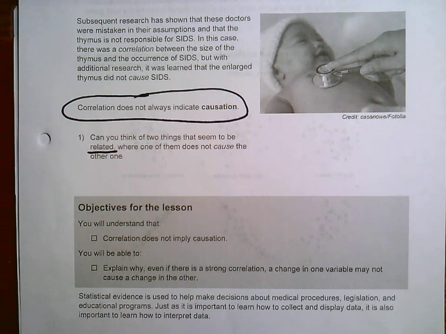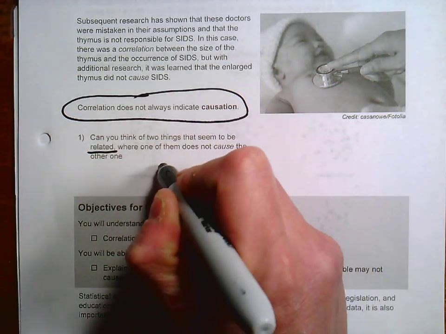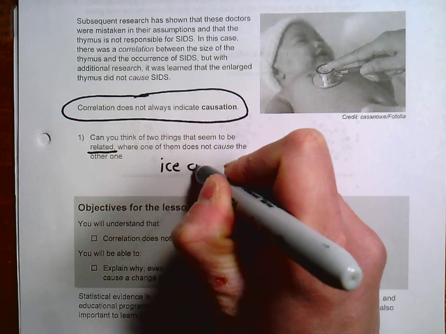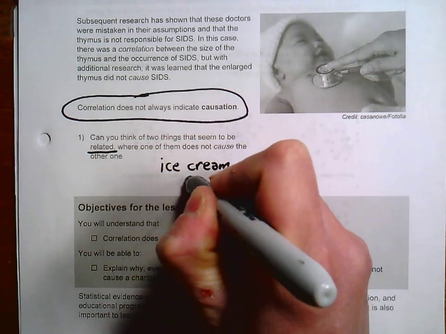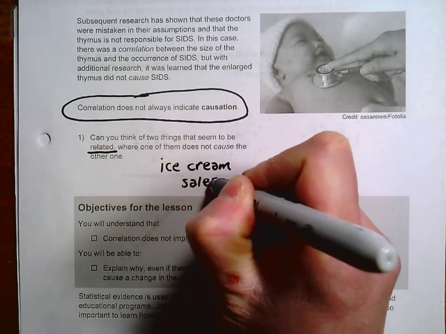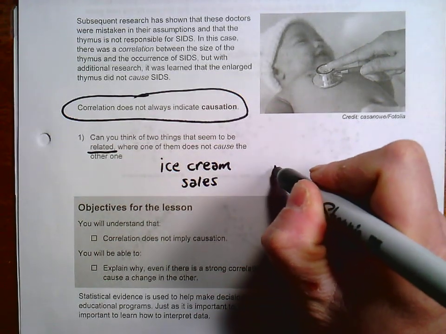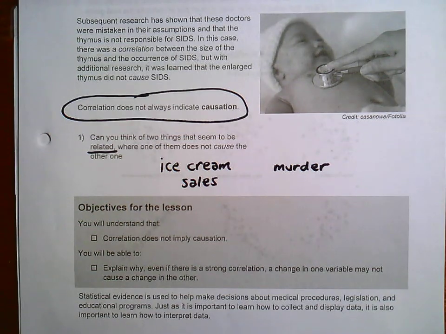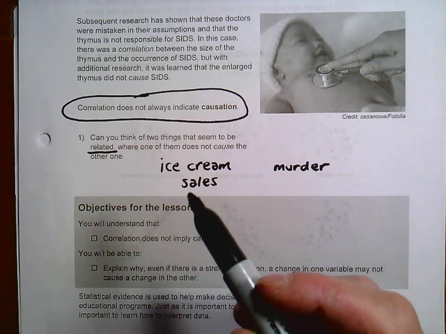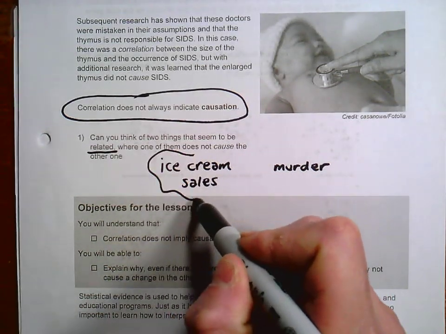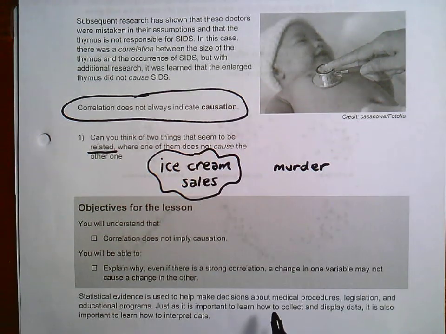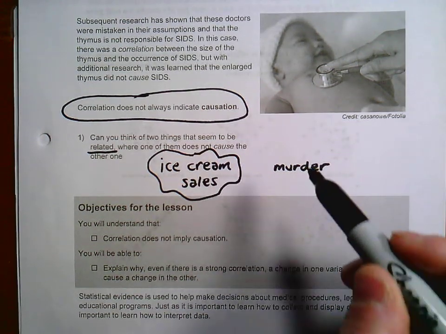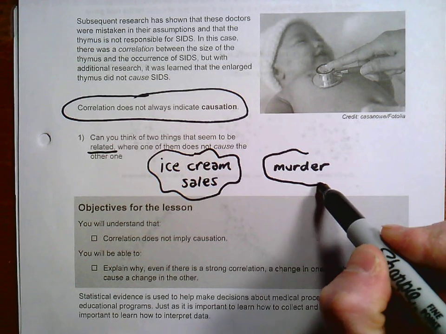So there's kind of a classic example. You can Google it, right? So there's this one here that has to do with ice cream sales. I like this example. And then also, you might be surprised, murder, right? Or you could just say violent crime. So this is kind of interesting because there's been a lot of data collected on this idea that as this variable increases, right? So as we sell more and more ice cream, there's more and more violent crime.